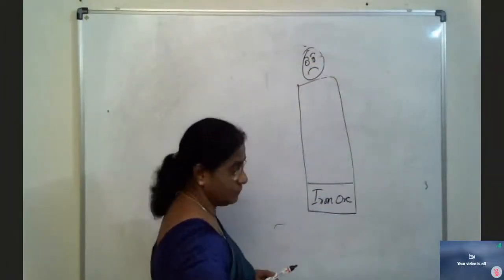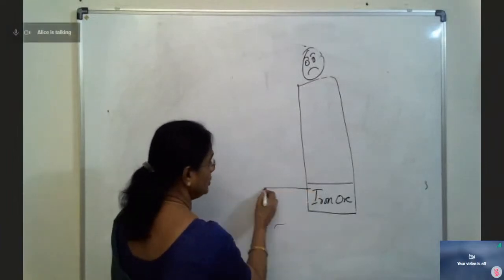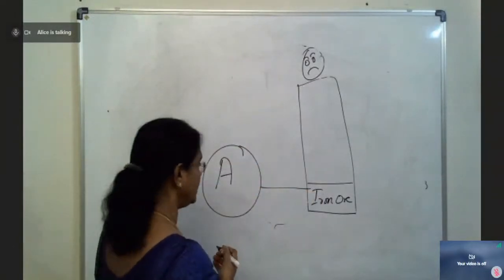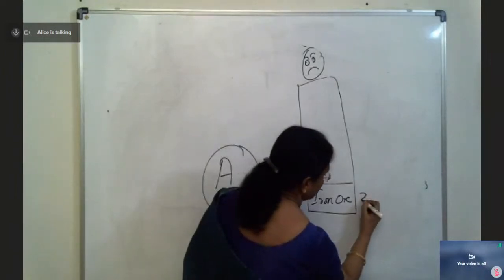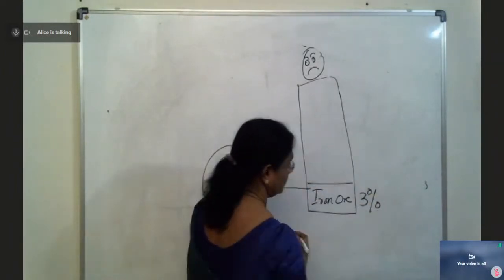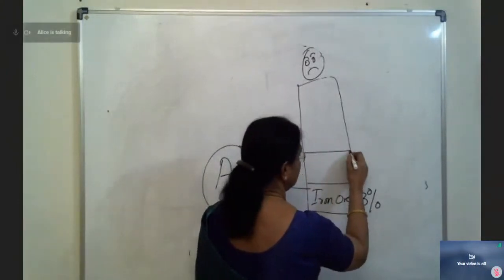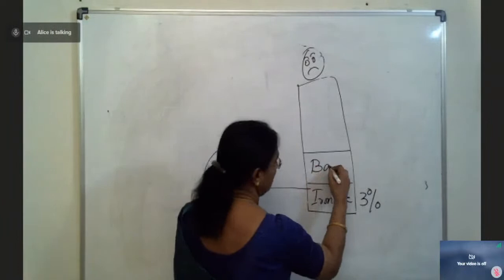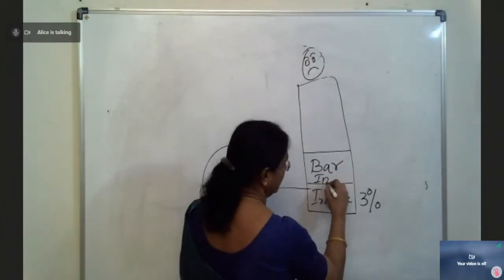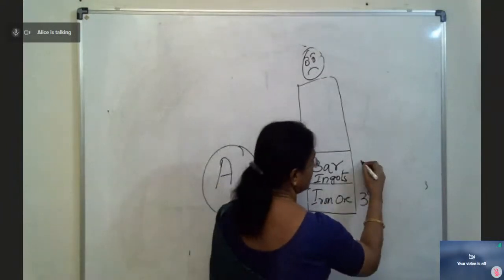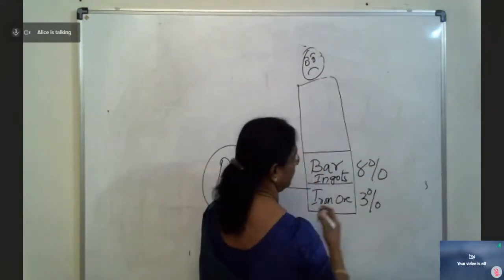You export iron ore to country A, suppose it is the US, for iron ore 3%. You process the iron ore and make it into bars, iron ingots, or sheet iron, then it is 8%.